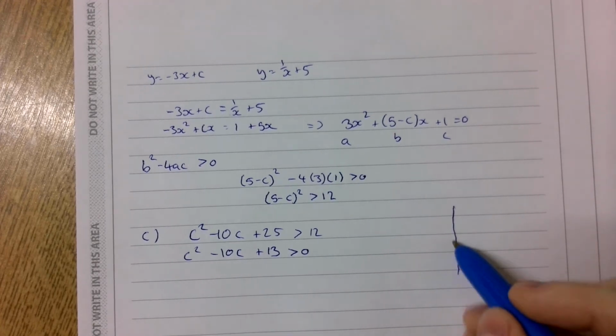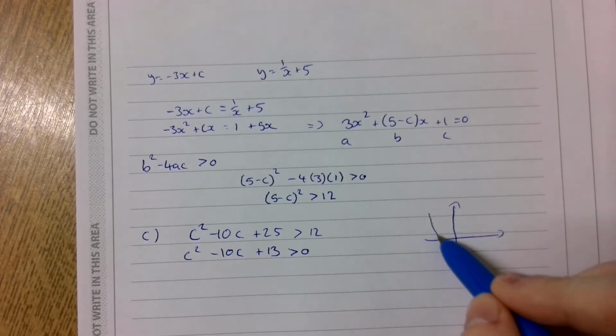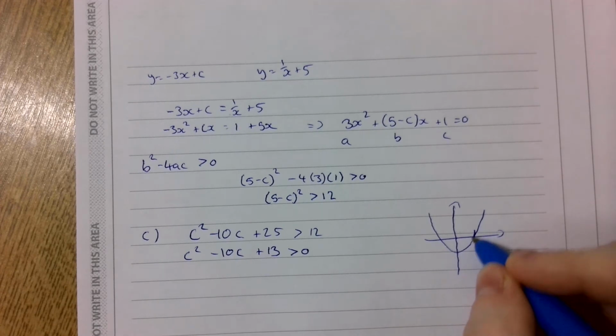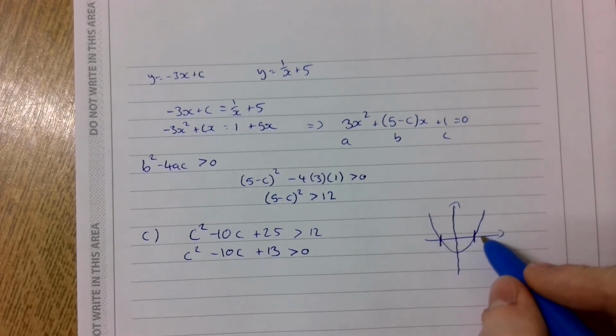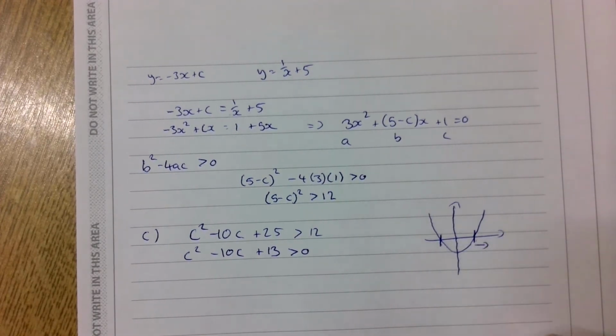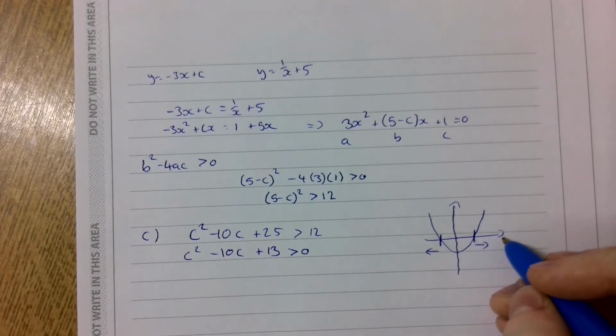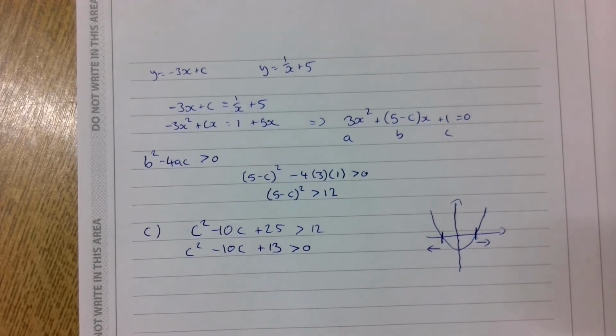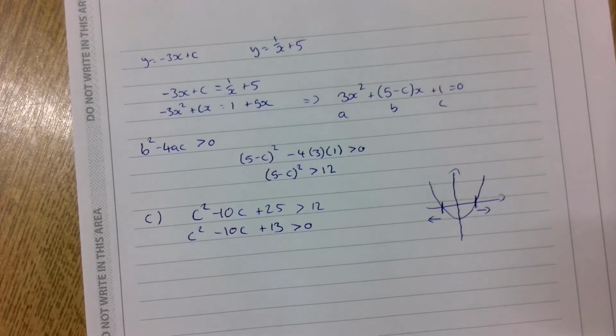Quick sketch over here. So these are my critical values. This might be a bad sketch, I don't know. Larger than 0, I'm going to get an inequality larger than this point and smaller than this point. So we just need to figure out what these critical values are, and we do that by solving it as if it was a normal quadratic equal to 0, which is what I'm going to do.